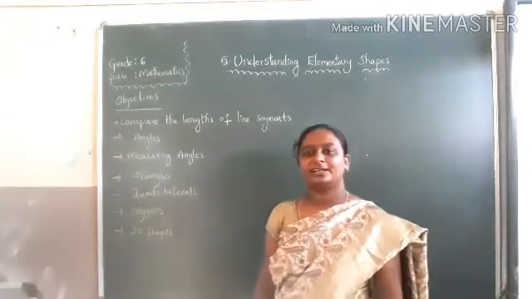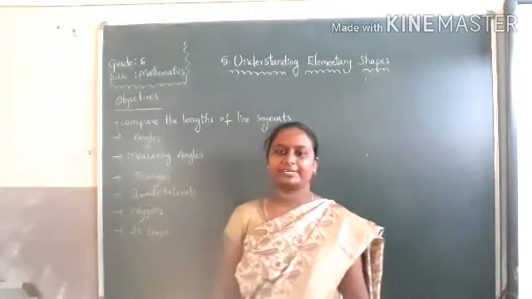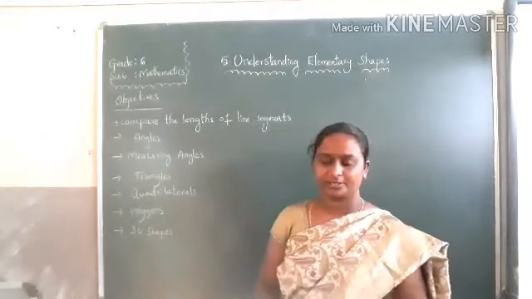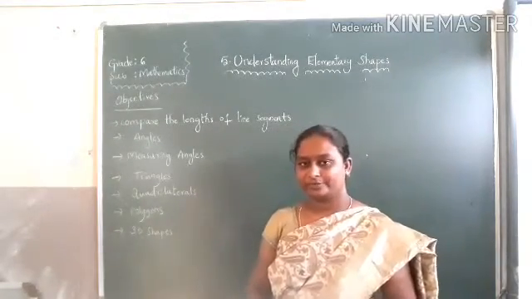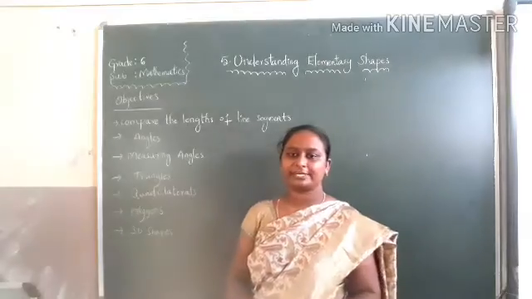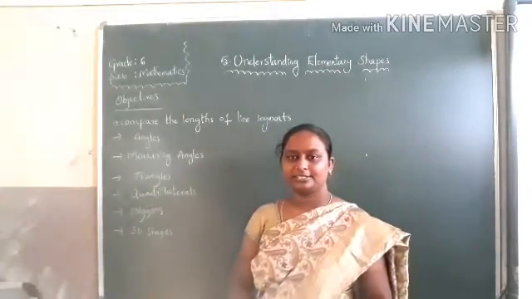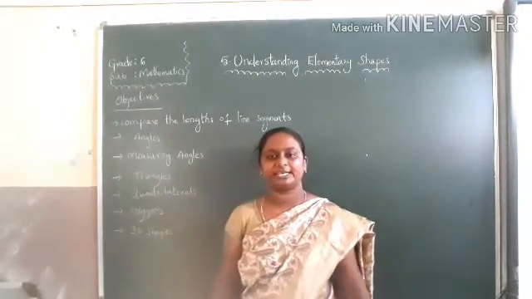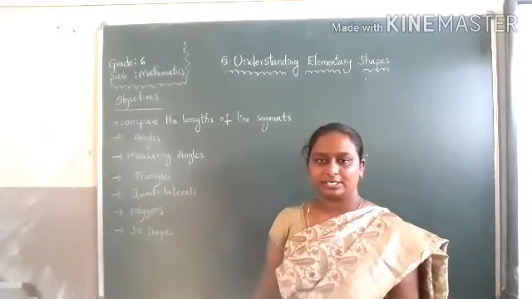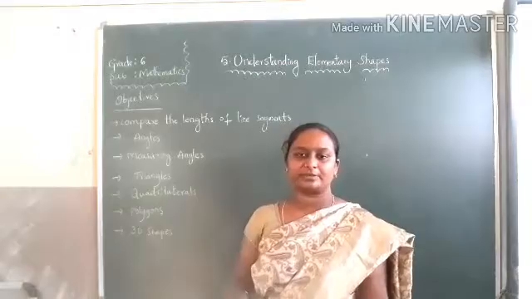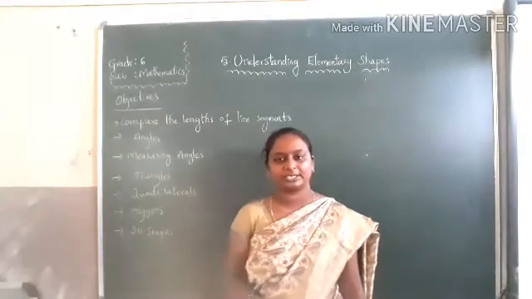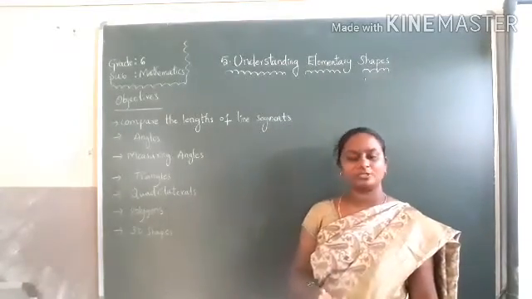Very good. Okay, so before we start our class, once again we recall what we learned in the previous class. We have learned about basic geometrical ideas, and how to draw curves. Three types of curves: simple closed curve, open curve, closed curves.